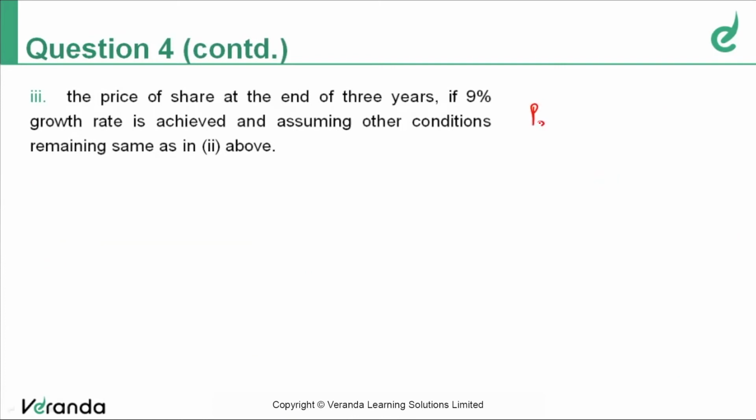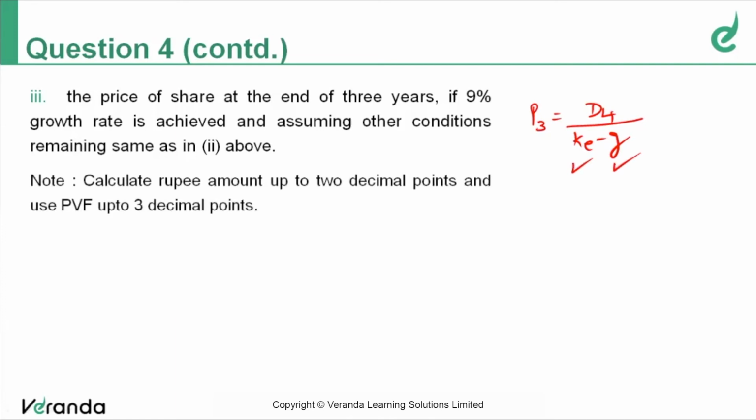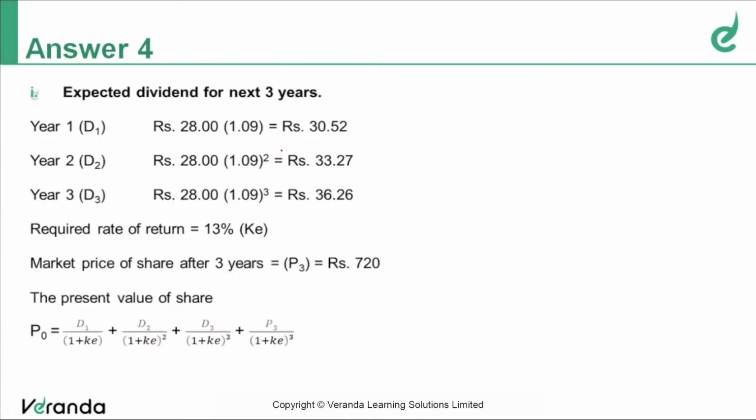So P3 is equal to D4 divided by KE minus g. You find out D1, D2, D3, D4, and KE and g are given. You calculate rupees with 2 decimals and PV factor with 3 decimals. And thereby you can answer the last part of the question also.